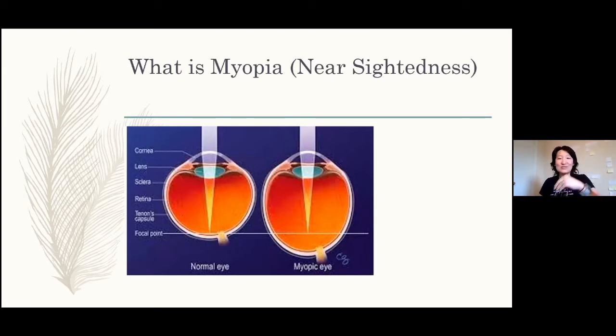So when the light goes into your eye, it kind of falls short of your retina, and the things that you see are slightly fuzzy, because the focal point isn't hitting the retina directly. Basically, someone with nearsightedness has an elongated eyeball, and depending on how nearsighted they are, that's how long their eyeball is.